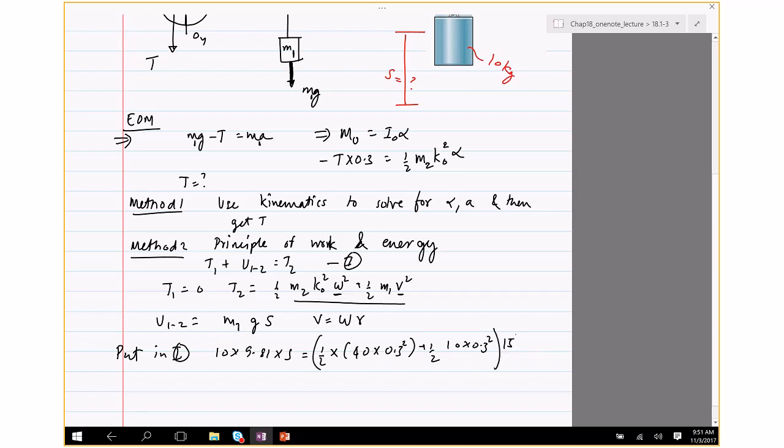We're given that the final angular speed is 15, right? And so if you solve this, the only unknown is s. s is 5.16.